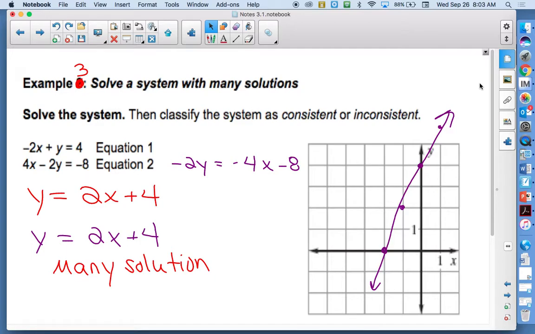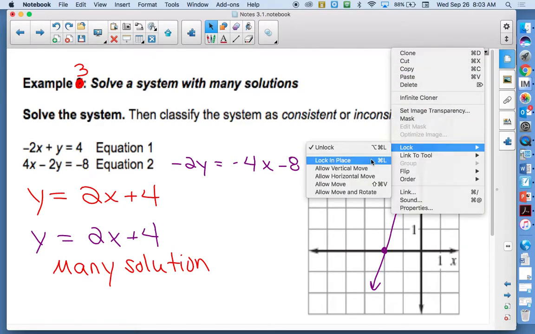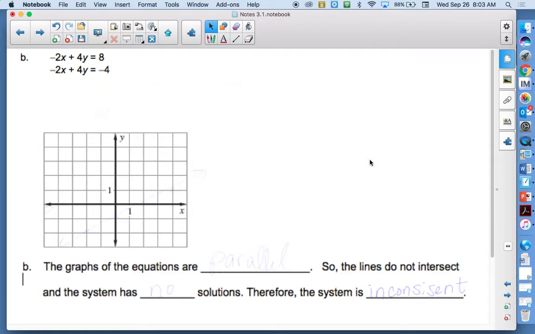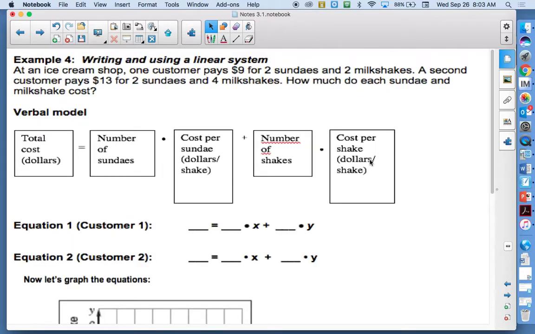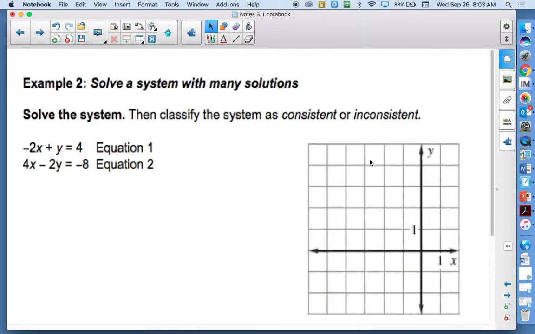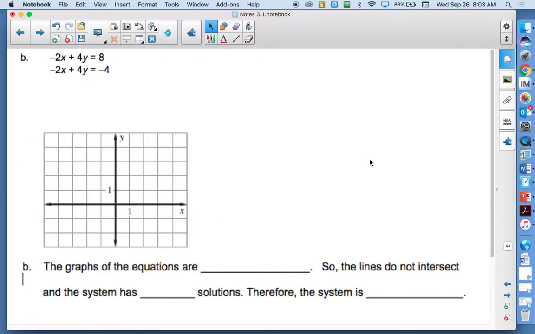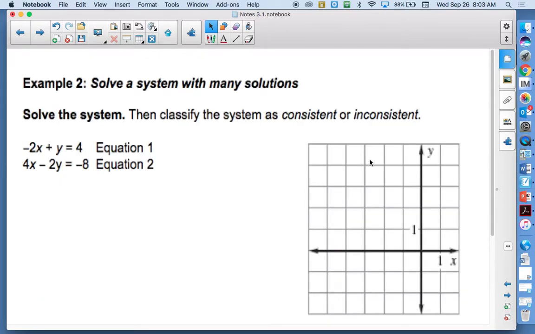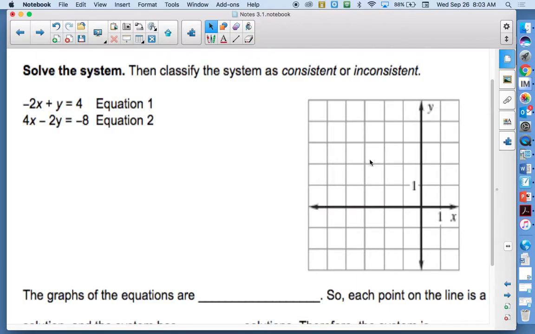Don't look at mine. So graph both of those, and then we'll fill in the blanks below.